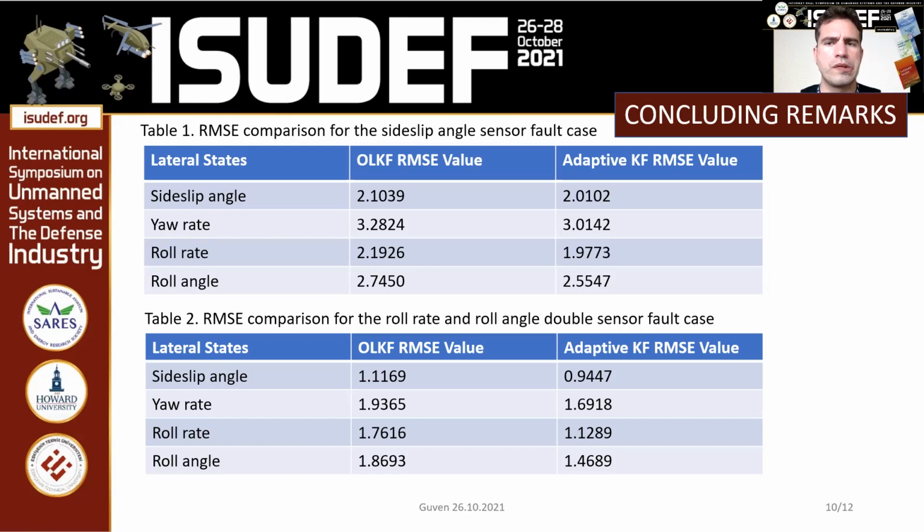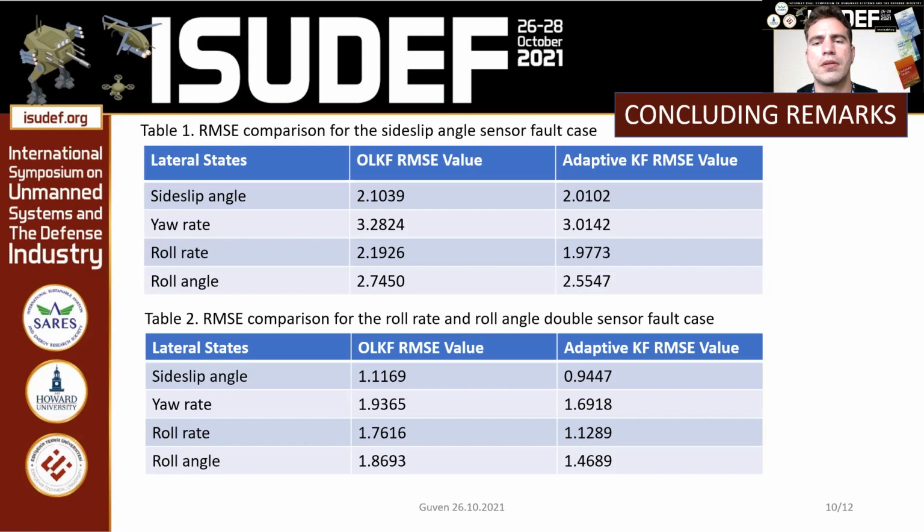And you can see table 1 demonstrates, in case of the first fault, which was a side slip angle sensor fault, we have to look at the remaining sensor estimation values, comparing the optimal linear Kalman filter root mean square error values with the adaptive Kalman filter for the remaining sensor values.